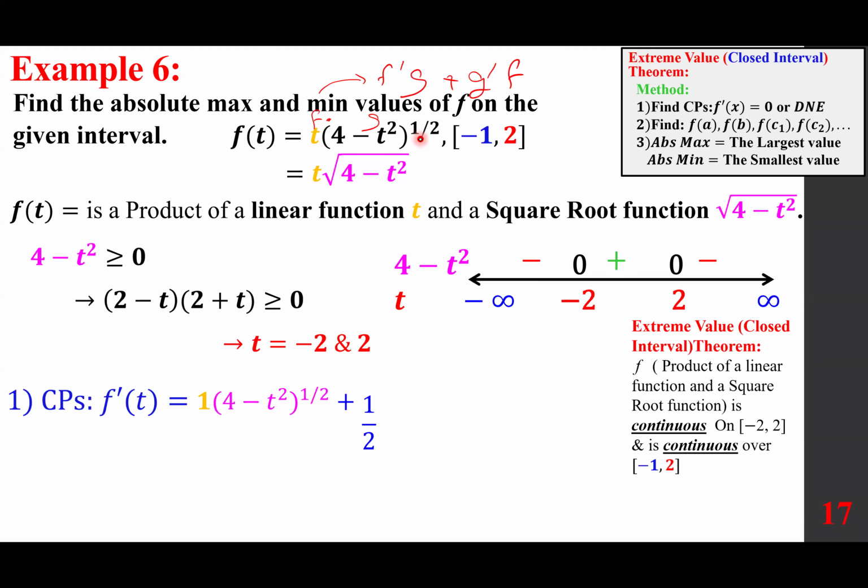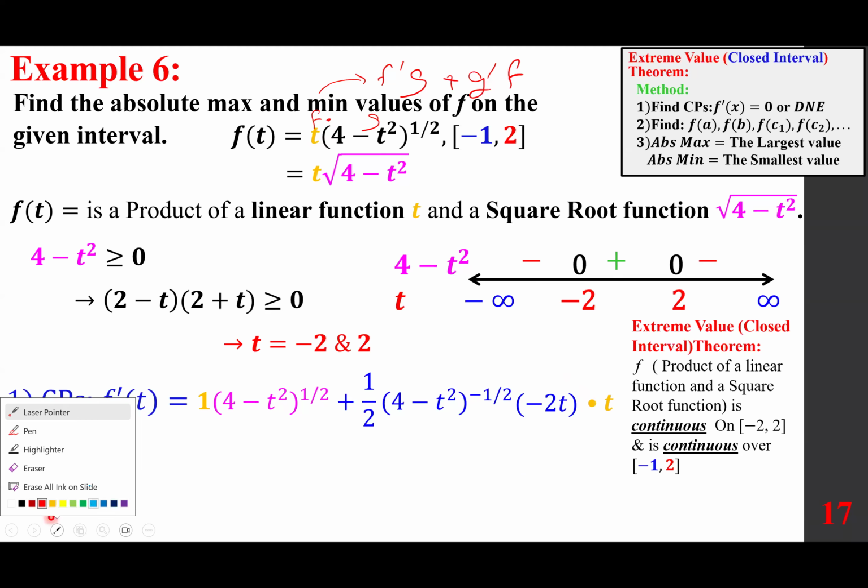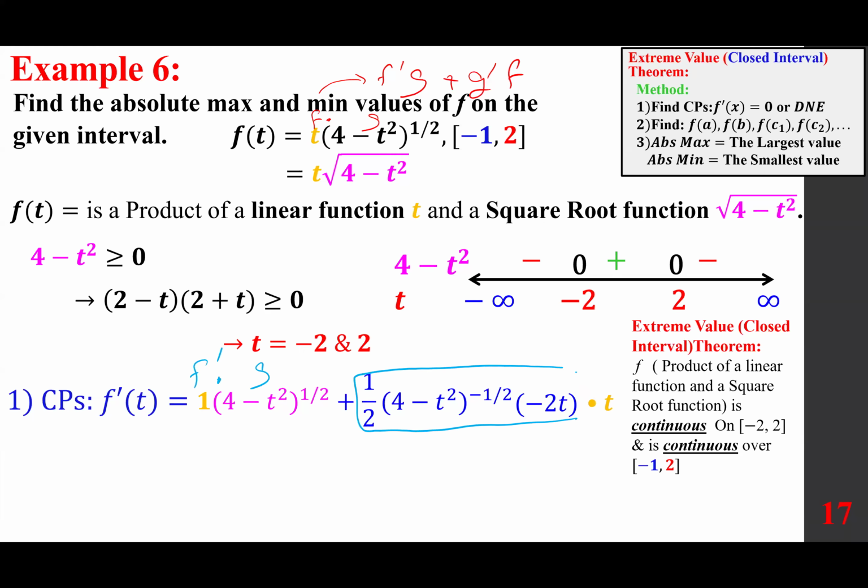This is easier to do. 1/2 times 4 minus t squared to the power of 1/2 minus 1, which is negative 1/2. The derivative of 4 minus t squared is minus 2t, and then times f, which is t. And let me write this at the top of this so you can see what's going on. So we have f prime g plus g prime f. Now we are done with calculus.